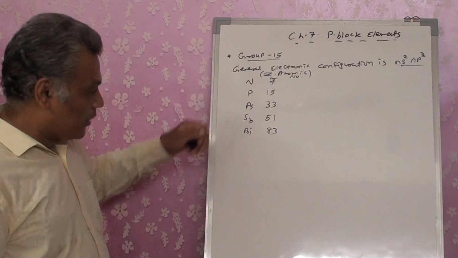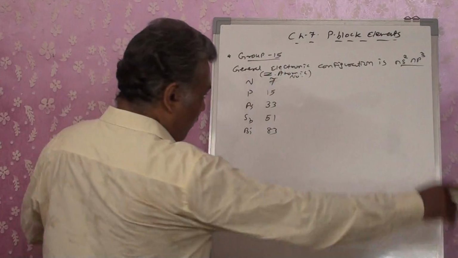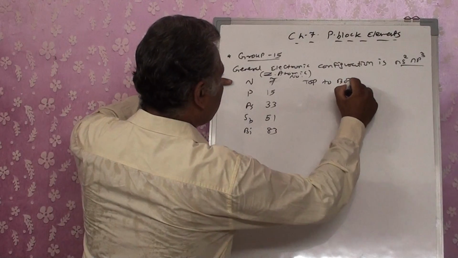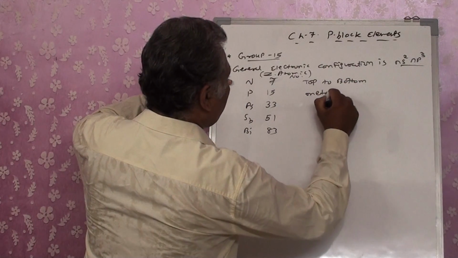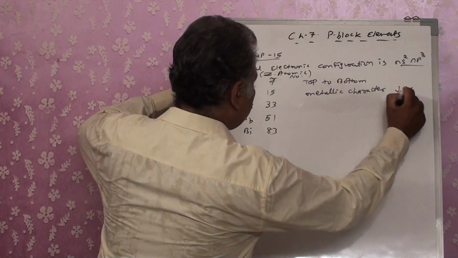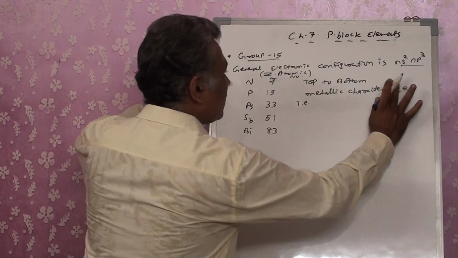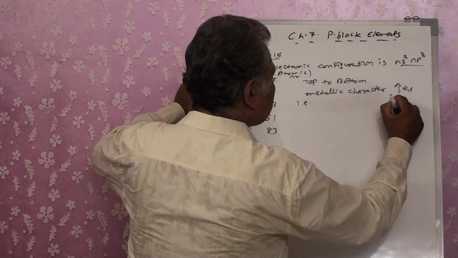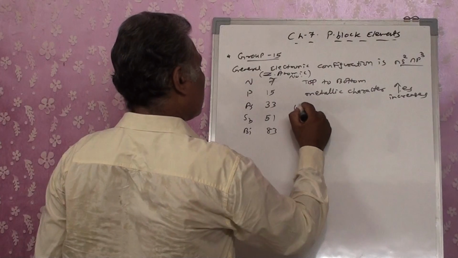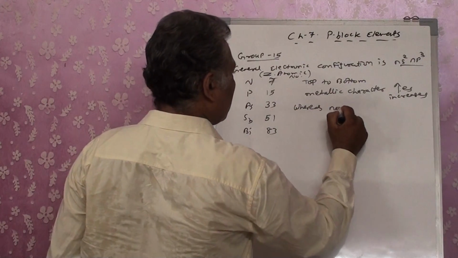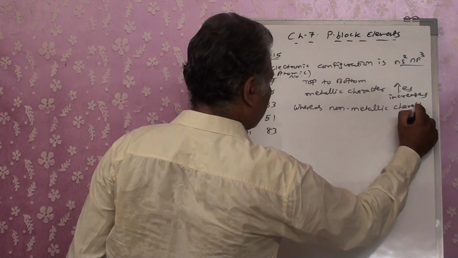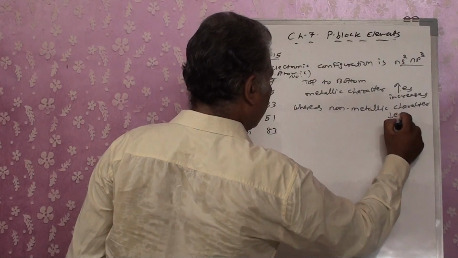Now if you see the properties of this group, from top to bottom, metallic character increases, whereas non-metallic character decreases.